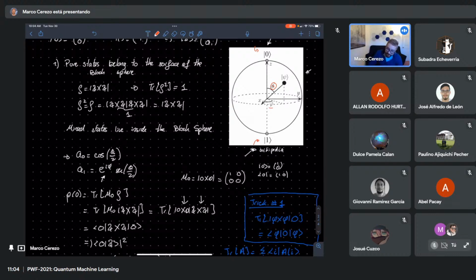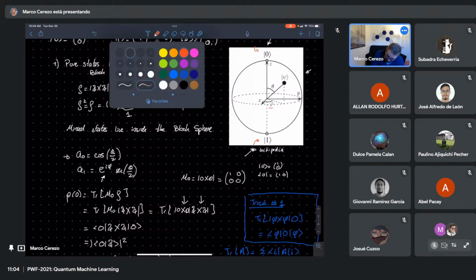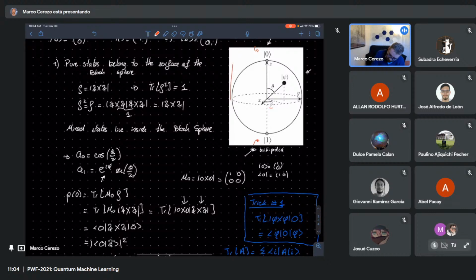So we can already see how this parameter theta right here is relating to my state living somewhere in this northern hemisphere. And then I can somehow guarantee that the probability of 0 is going to be larger than the probability of 1, because it has larger overlap with the 0 state than with the 1 state.